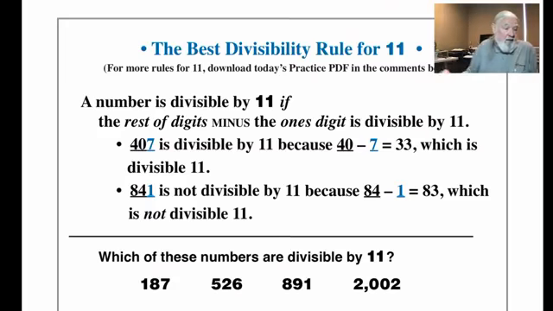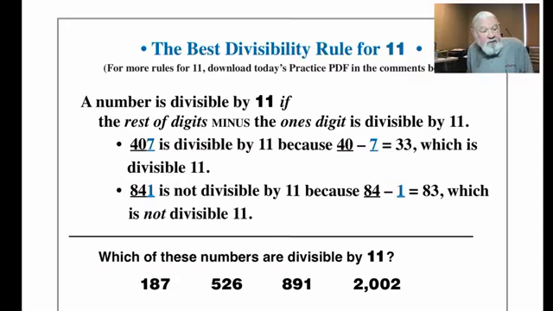See how straightforward that is? That gives us a number that is divisible by 11. The counterexample there, the 841, again, subtract the ones digit from what's in front, and you get 83, and 83 is not divisible by 11. So boom, we know that 841 is not either.